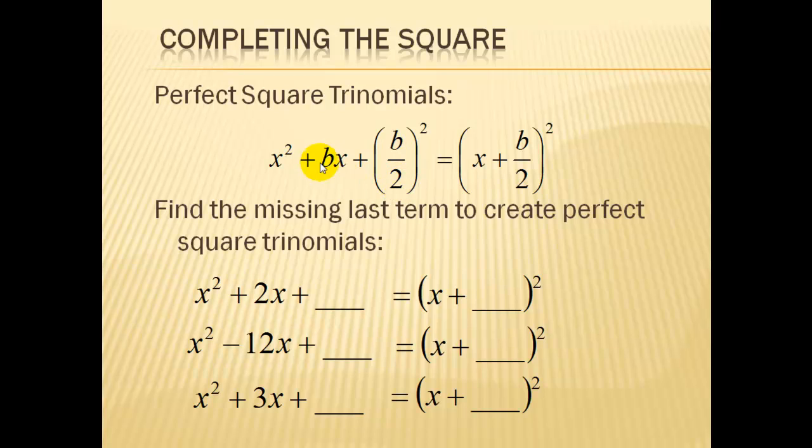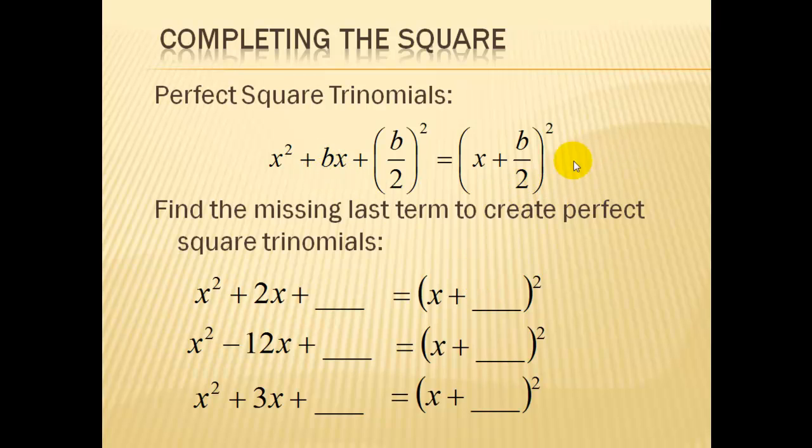The pattern is we take the coefficient of the x term, divide it by 2, and square it. So if we add that to our trinomial, that turns it into a perfect square trinomial. And when we factor it, the number that goes in the parentheses for the factor is just that coefficient divided by 2.